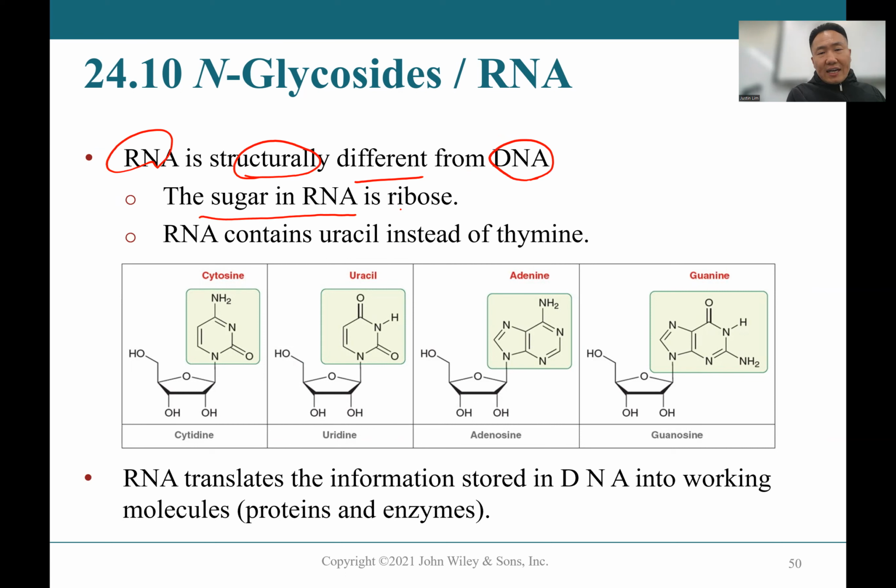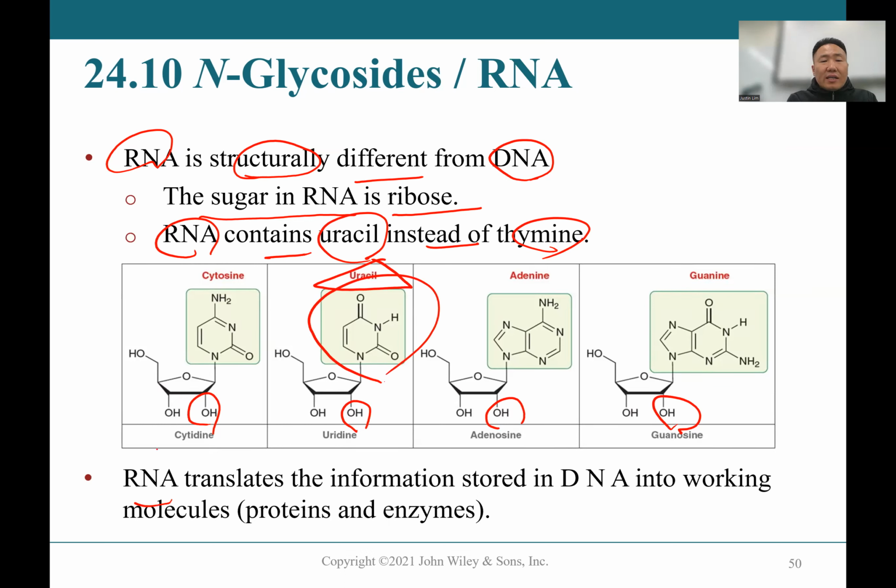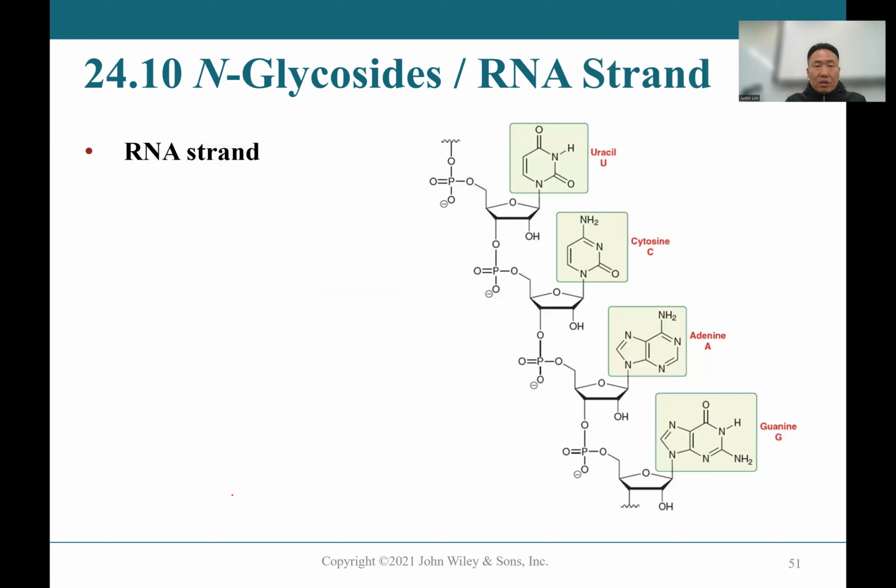The sugar in RNA is different; you can see the C2 hydroxyl group. RNA contains uracil instead of thymine. This is uracil. RNA translates information stored in DNA into working molecules. Here are RNA strands. Thank you for watching the video.